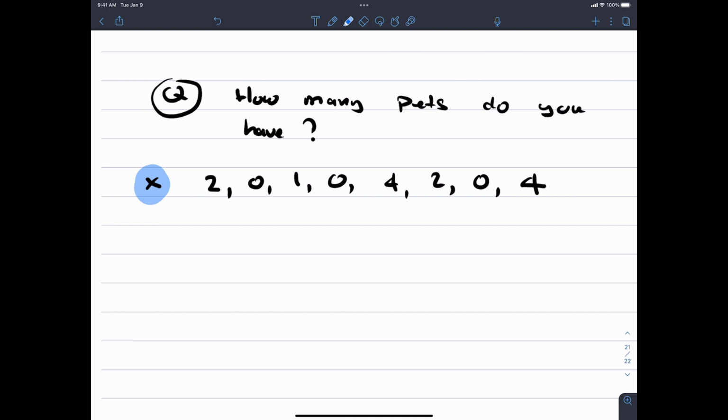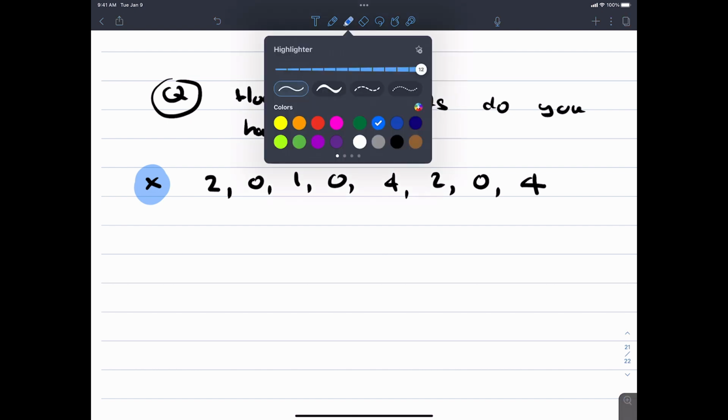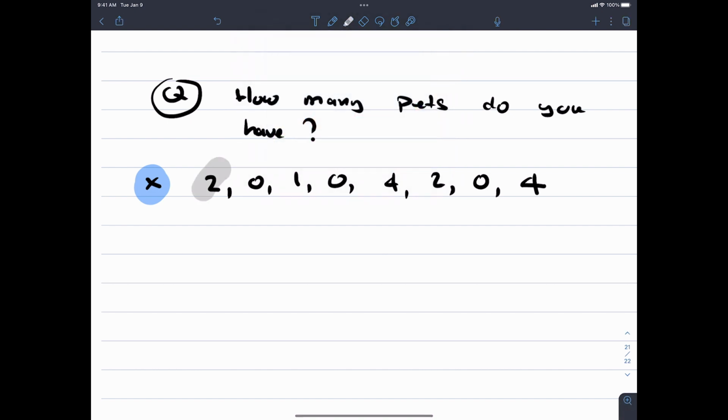So I just want to emphasize that aspect again. If you leave here, at least leave here knowing that. Now, what are the data values? 2, 0, 1, 0, 4, 2, 0, 4. All right, you guys okay with that one?